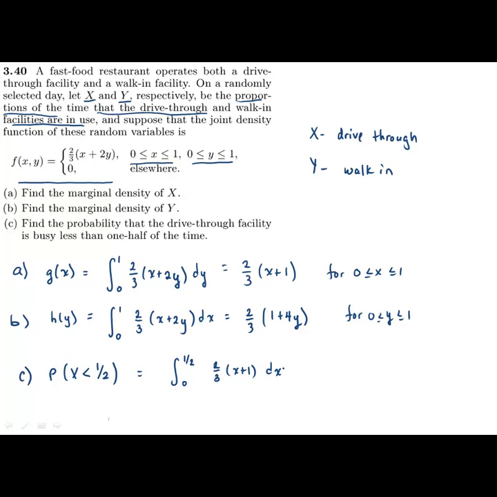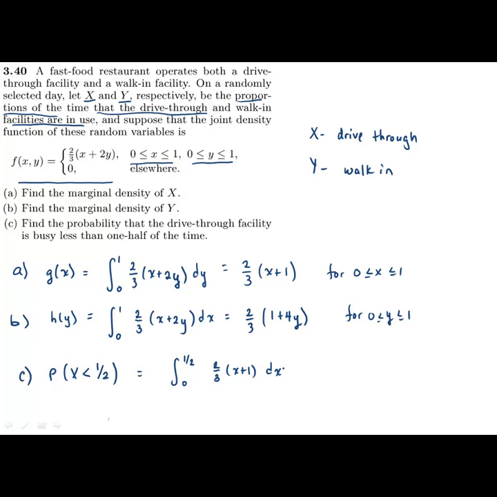Anybody understand why we're using this? Because this is the marginal distribution corresponding to x, and we want to find the probability that the drive-through facility is busy less than 1/2 of the time. X represents that random variable.